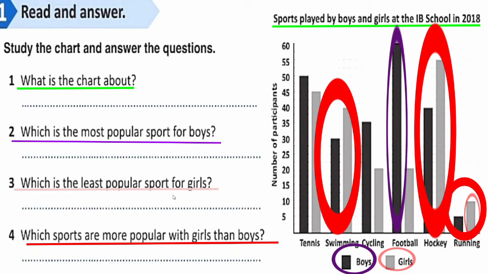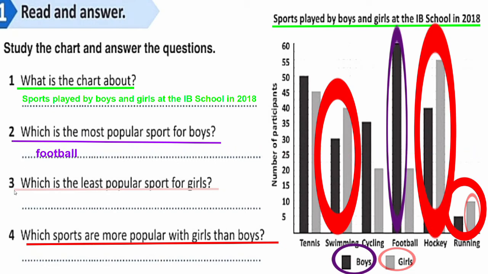So your final answers should be written in the provided spaces as follows. Sports played by boys and girls at the IB school in 2018. This is the answer to question number 1, what is the chart about? Question number 2, which is the most popular sport for boys? The answer: football.